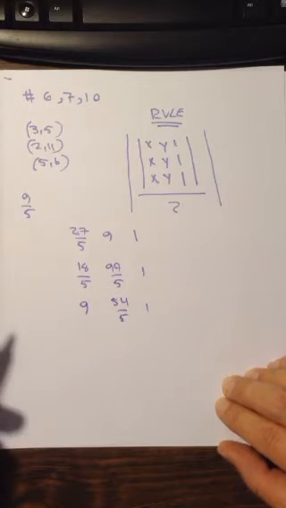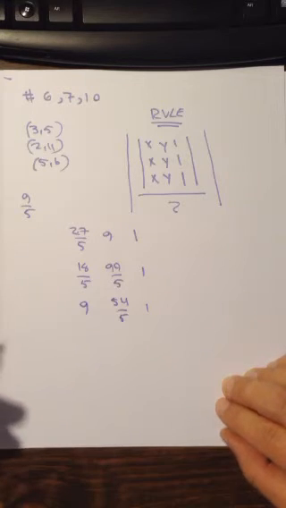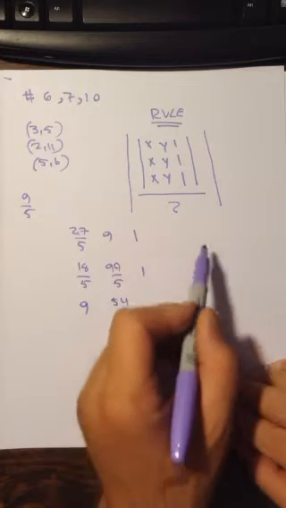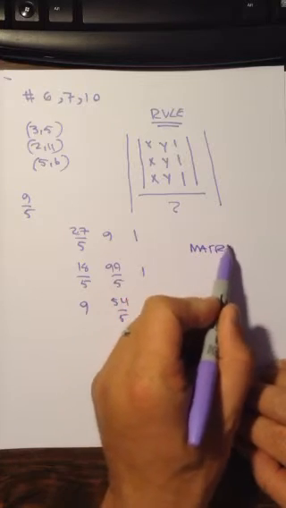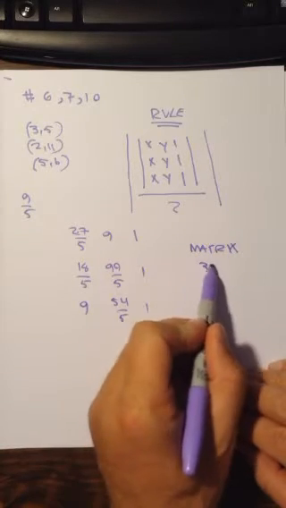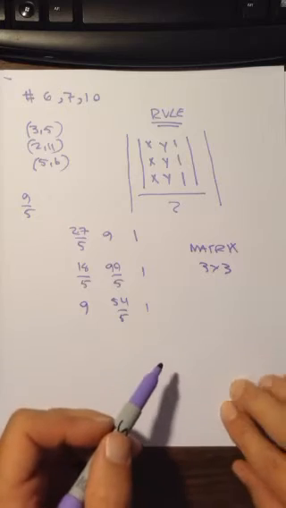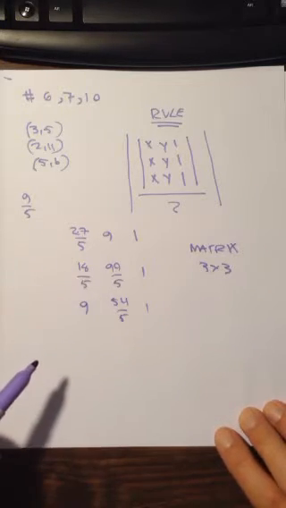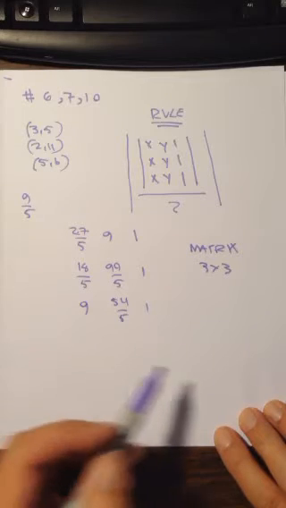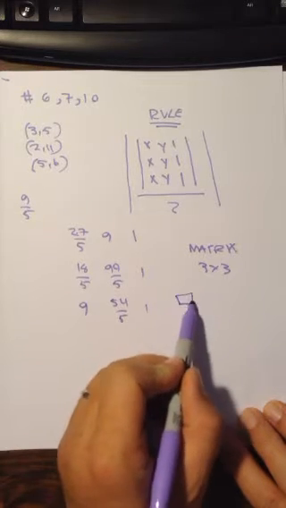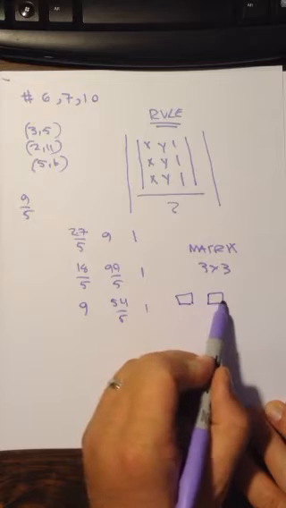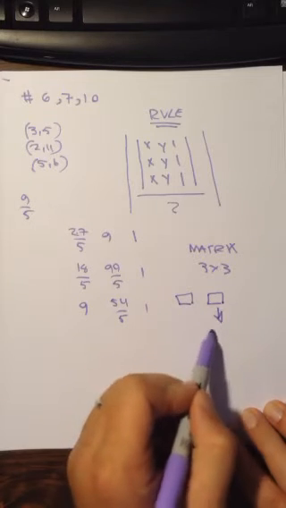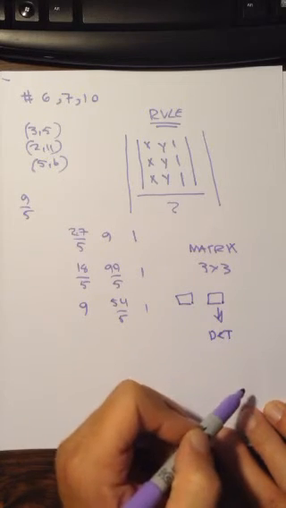Now, in your calculator, this is definitely a calculator problem. You can do it by hand, but I wouldn't. All you're going to do is make a 3 by 3 matrix and plug in these values. Don't worry about the fraction, it'll evaluate for you. Then hit the matrix key, hit the math key, and select determinant, DET.